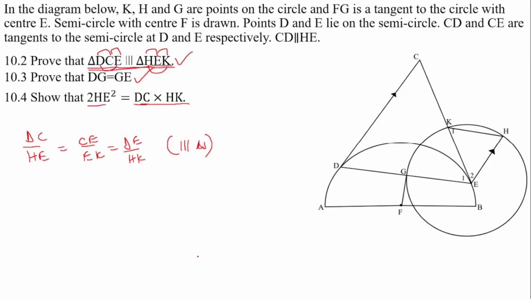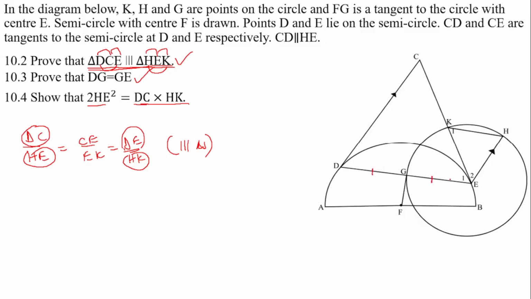Okay, all right, so now we have HE here, DC, we have DC there, HK, we have HK there, but we don't have DE. But DE, let's check DE. Oh, there's something we talked about DE here. We said DE is divided into two equal parts, DG and GE, right?